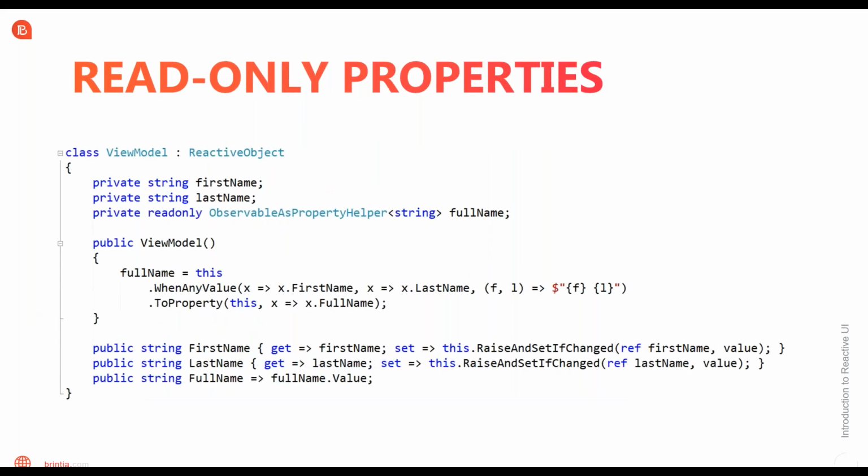Okay, this is a little more complex view model, and in this example, we are showing that we can create derived properties from other properties. For example, you see the full name that is derived from last name and first name. It usually is like that, so it's a classic example.